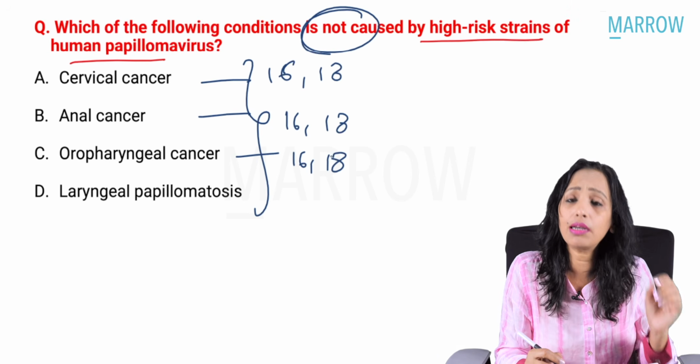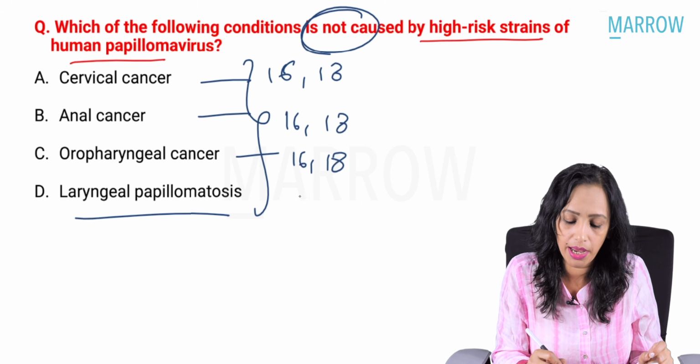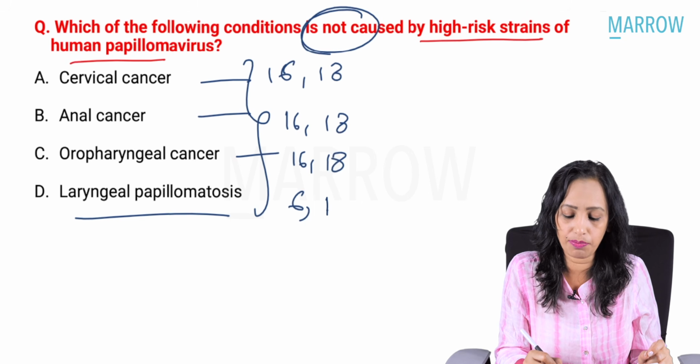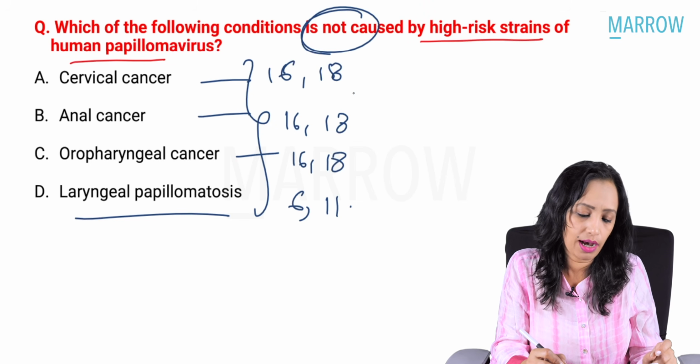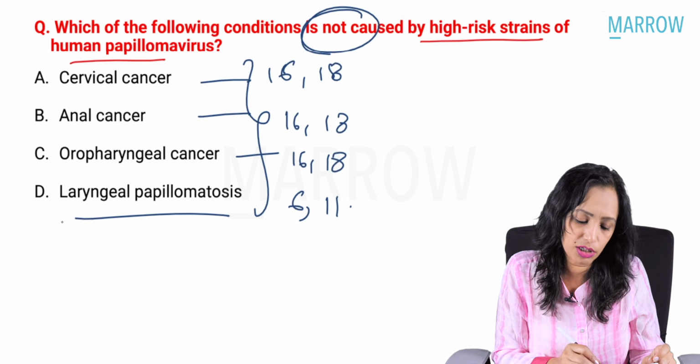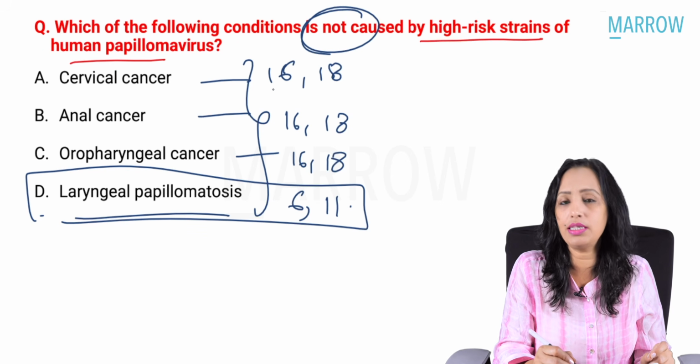And repeatedly, laryngeal papillomatosis has been a question in the past, caused by 6 and 11. So which one here is not by high risk? Yes, we know this is not by high risk. Now I have marked 16 and 18 cervical cancer.